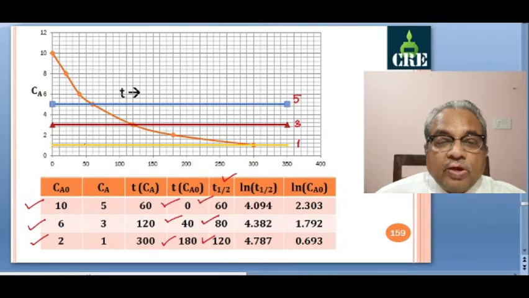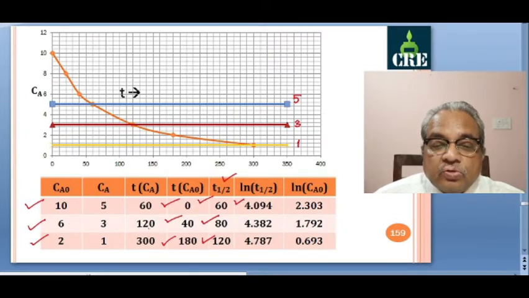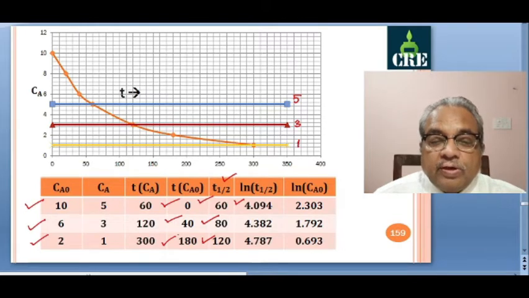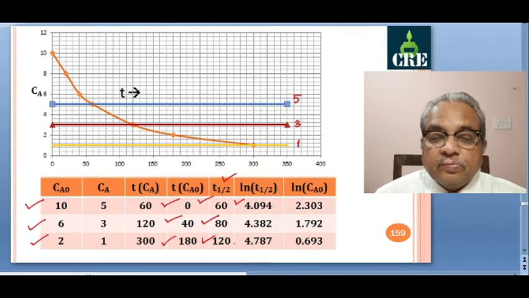From 10 to 5, this particular 60 minus 0 is 60. Second, it starts with 6 and ends with 3, so 120 minus 40. And the last point, 300 minus 180, so 120.